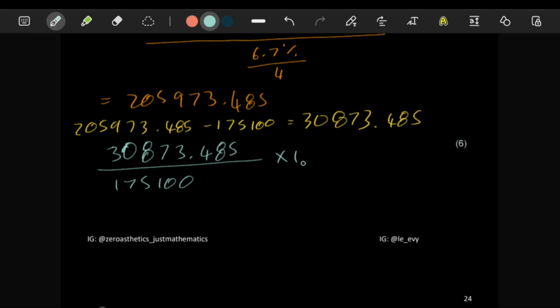Let's see what this is as a percentage. Let's check all this into the calculator. This is giving us a percentage of 17.6%. This is how much profit she made over a period of 5 years.